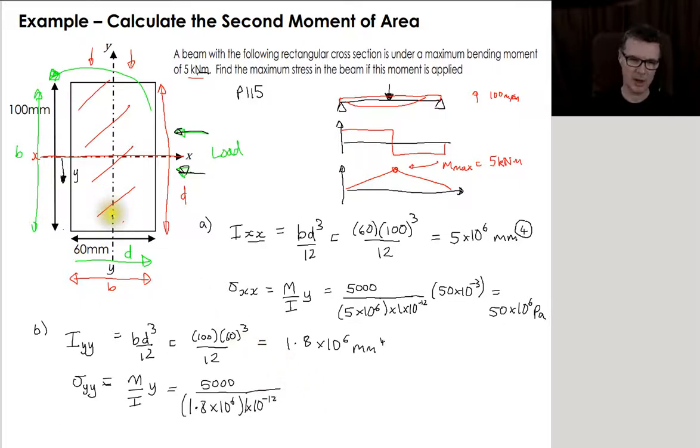Okay, now the y distance for this formula is going to be the distance away from the load. This is in effect my neutral axis, so I need to measure this distance from here to here. So that's going to be 30 times 10 to the minus 3.